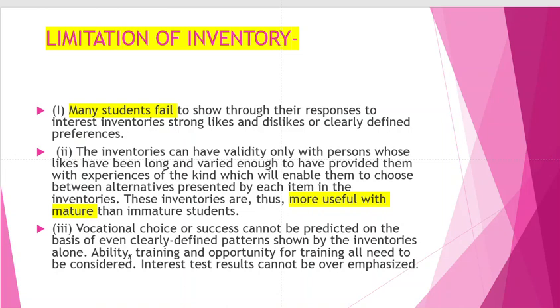So it's clearly stated here that success cannot be predicted on the basis of even a clearly defined pattern shown by the inventory alone. We need knowledge other than the interest of the student. Ability, training and opportunities for training all need to be considered. Interest test results cannot be overemphasized. So these are some limitations of inventory.